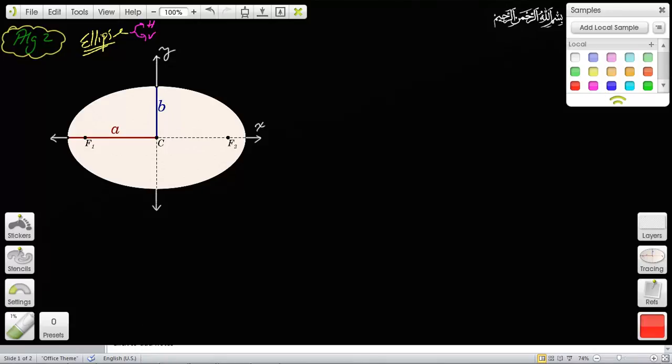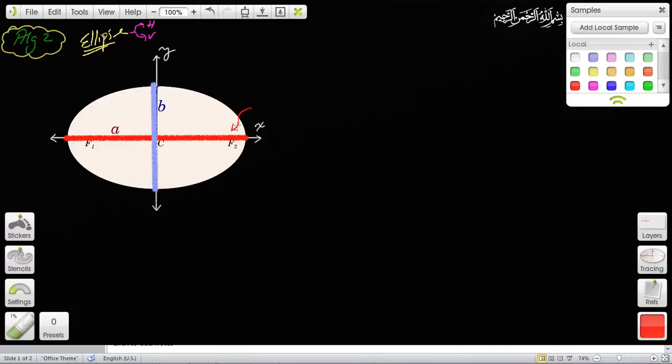So you can imagine an ellipse as having a length and a width, so to speak, right? Now these are given names, right? The longer length, so to speak, here, okay, is that, and the shorter length over here is this, okay, and they're given names, okay.